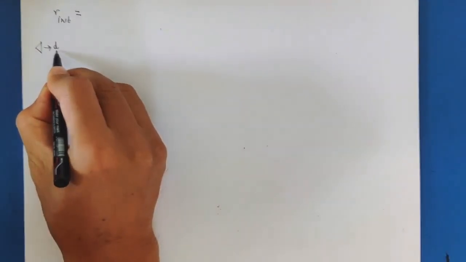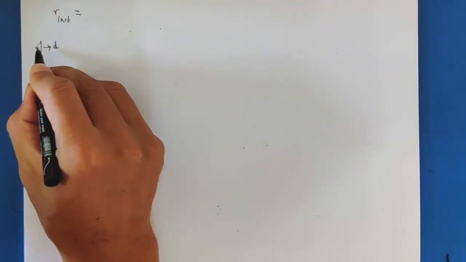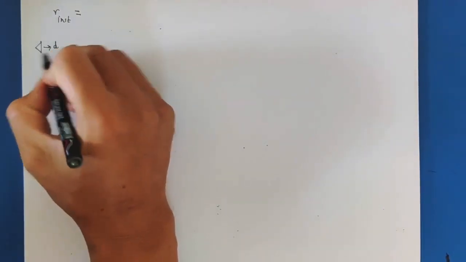For instantaneous, small d; for average, del means big change.